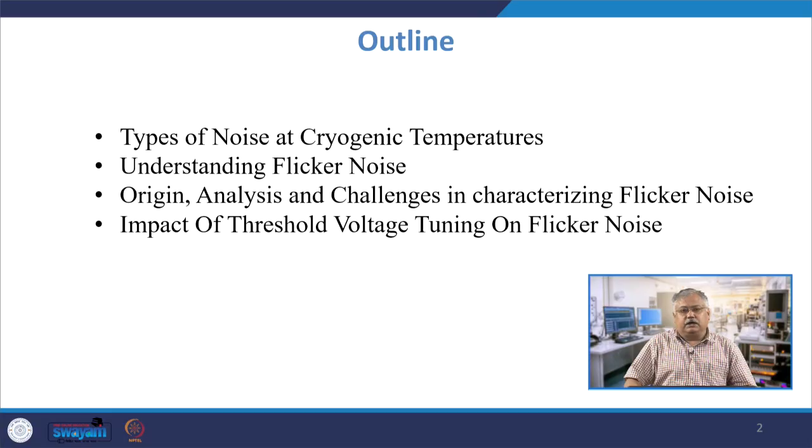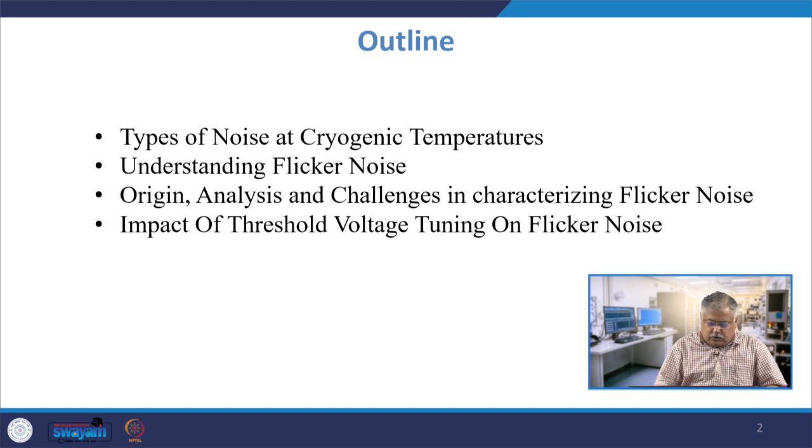We will also understand flicker noise, the origin analysis of the flicker noise, and how tuning of the threshold voltage helps you change the flicker noise. These are the outline of the talk.